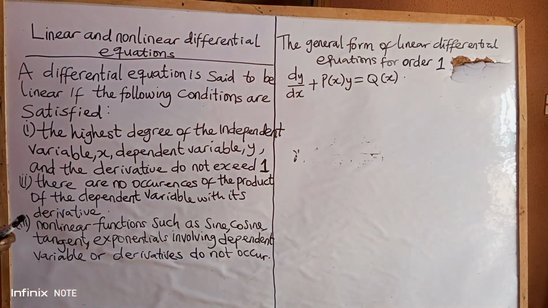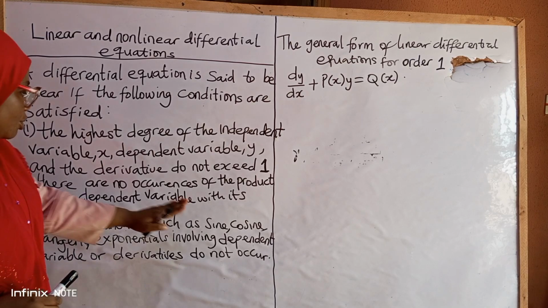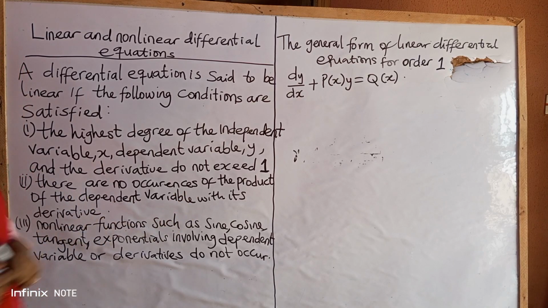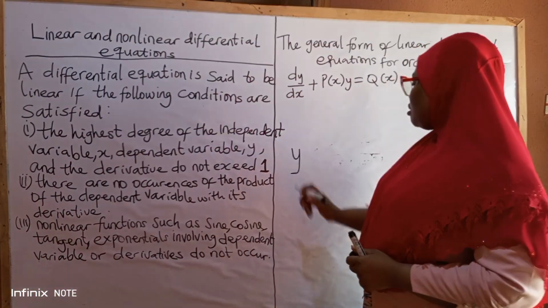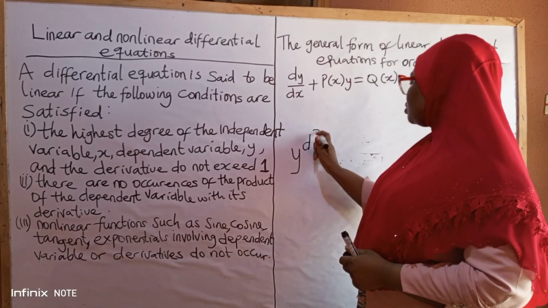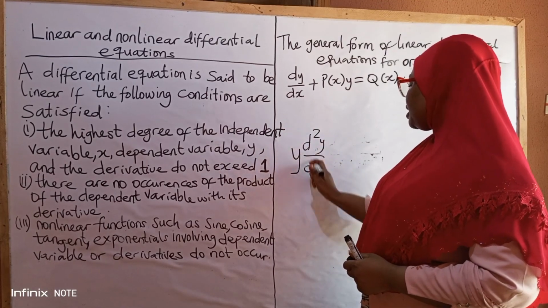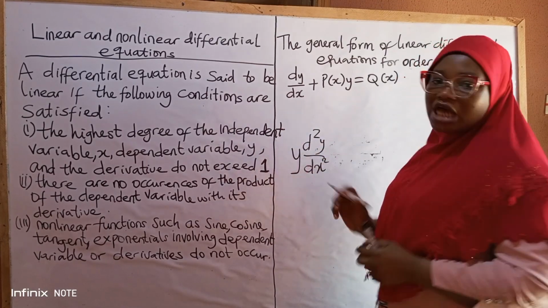Now, there are no occurrences of the product of the dependent variable with its derivative. That is, you cannot have y multiplied by d squared y/dx squared. So it cannot happen.